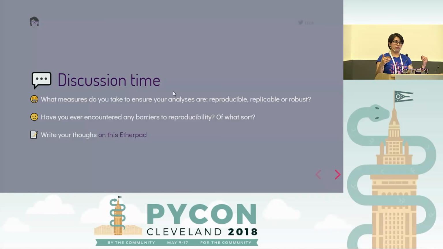What do you want to achieve after today? Even if it's just the one thing that you say, I want to learn how to keep track of what I did, or just, I don't care about reproducibility, I just want my code to be citable, okay? I'm just going to give you 10 minutes to do this. Write down your discussions on the Etherpad, and I'll just be going around. So does that sound good?